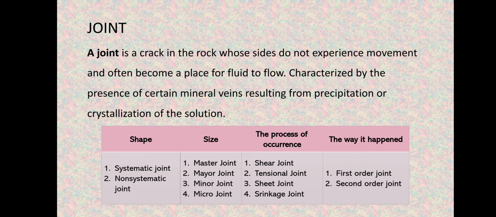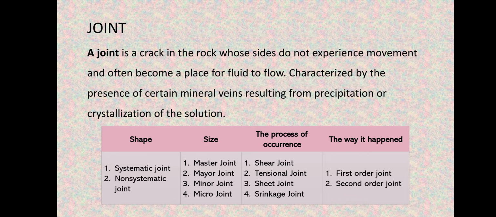classifications of joint. There are joints based on the shape, based on size, based on the process of occurrence, and based on the way it happened. Based on the shape, there are systematic joints and non-systematic joints.